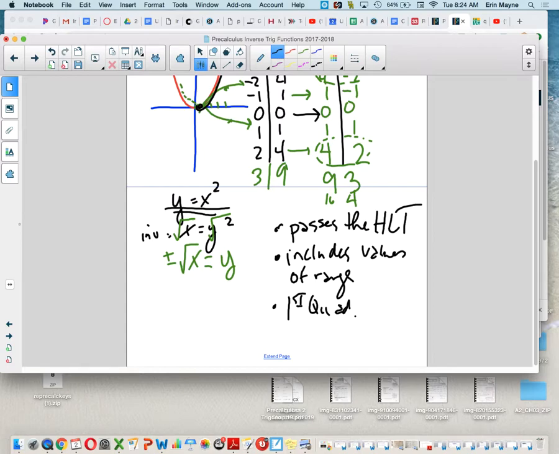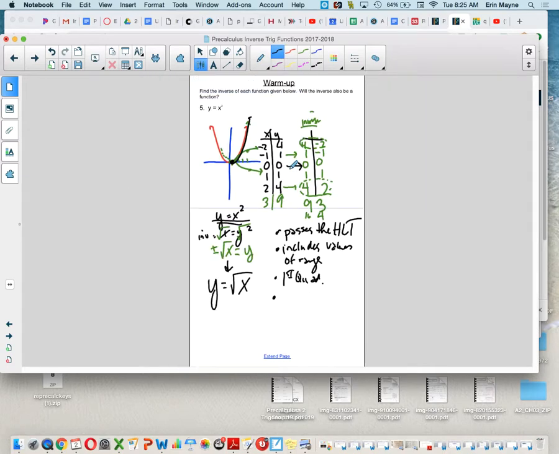So when I go to say what my output is here, I don't say y equals positive or negative square root of x. I simply say my inverse is y equals the square root of x. I would also remind you that from the original in red, when I take just that portion and I reflect it, do you remember the rules?